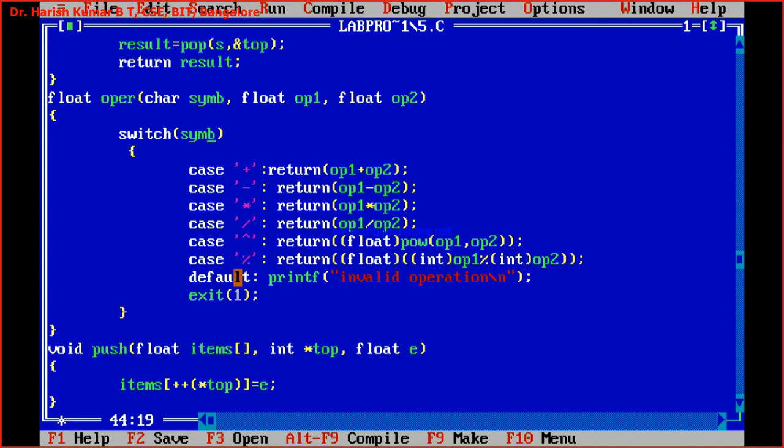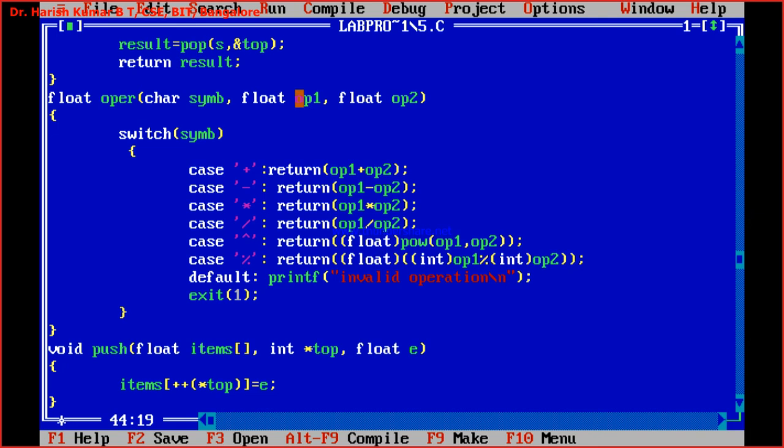Now the modulus operator. What are we doing? Because you cannot find modulus on floating point operands, you cast OP1 to integer and OP2 also to integer, and you find the remainder, and the result you cast into float.